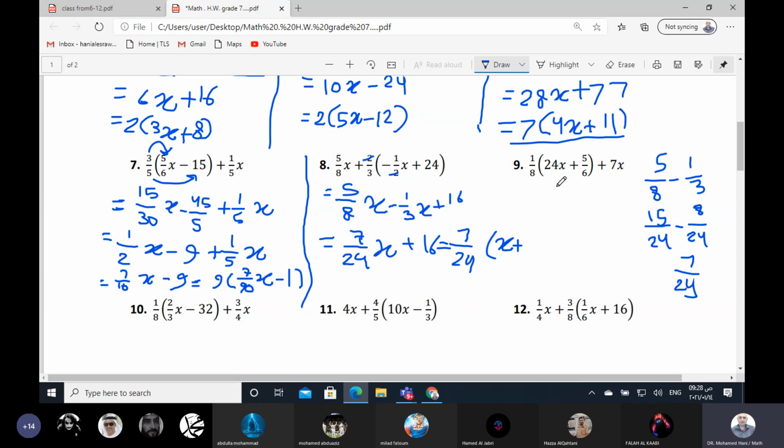Now 16 divided by 7 over 24. Here we have a rule: keep, write the same dividend 16, then change from divide to multiply. Then find the reciprocal of 7 over 24, which will be 24 over 7.